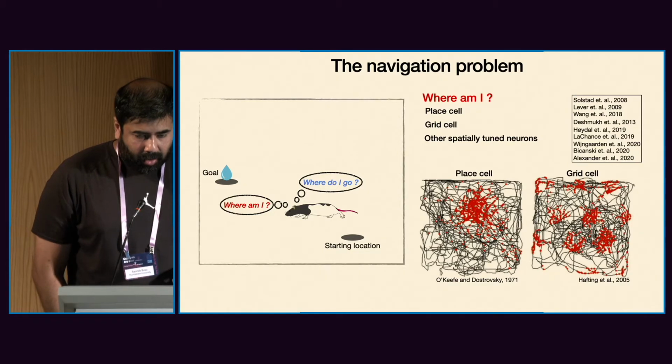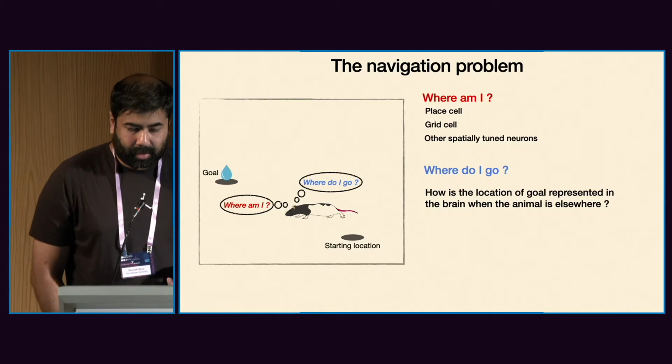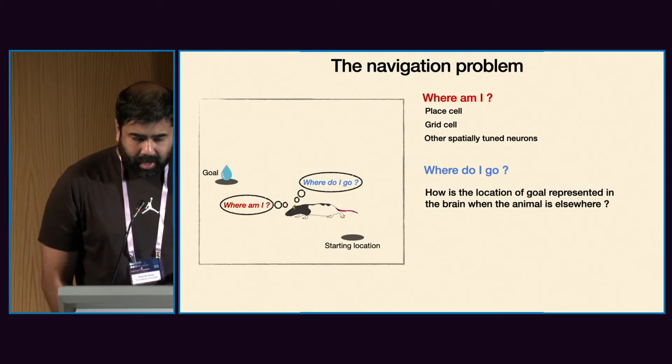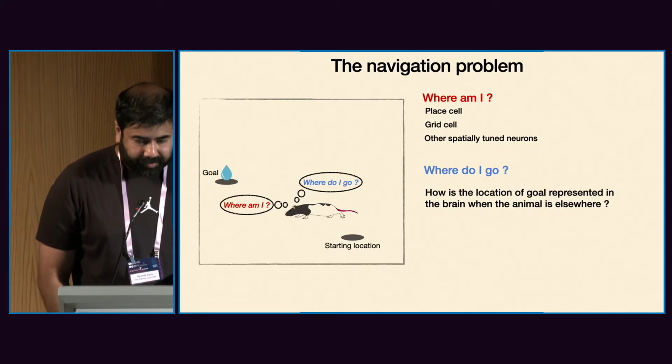Right now, however, this question of where do I go is a bit more problematic because in this case, the brain has to represent a location where the animal currently is not present, right?